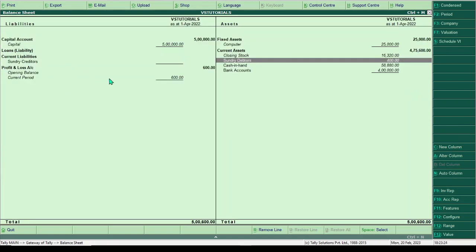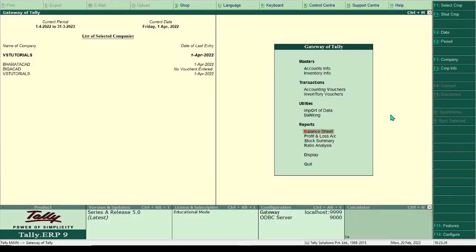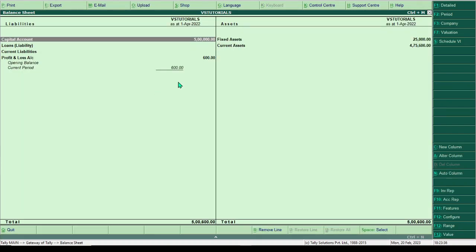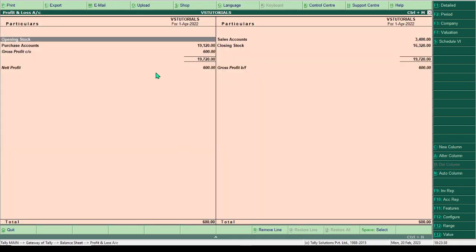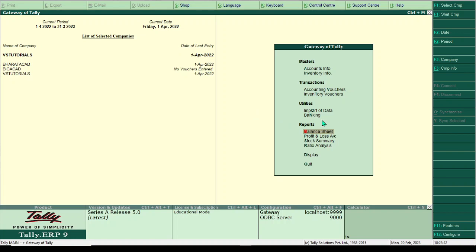So you can see now if the customer wants to pay us back the amount of 400 rupees, our profit is, we can see the profit is 600 only, no extra profit.